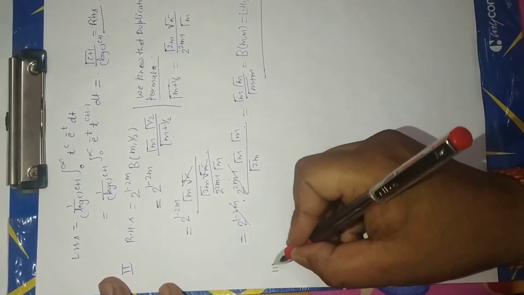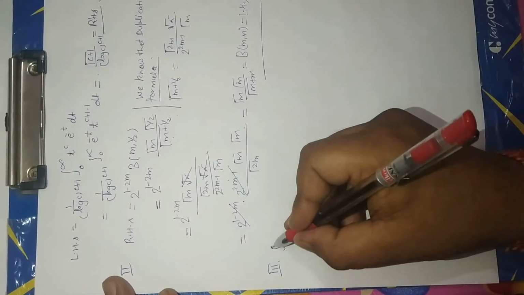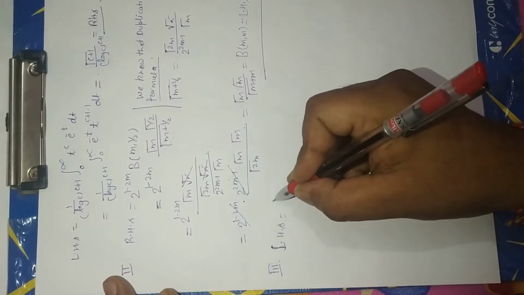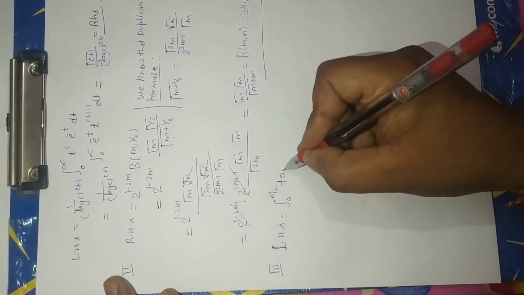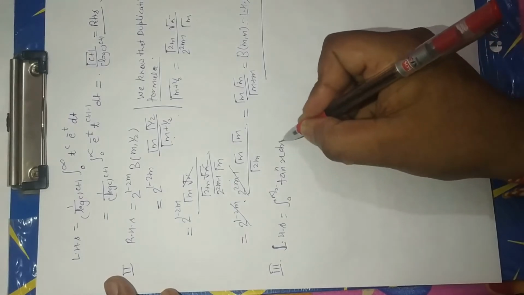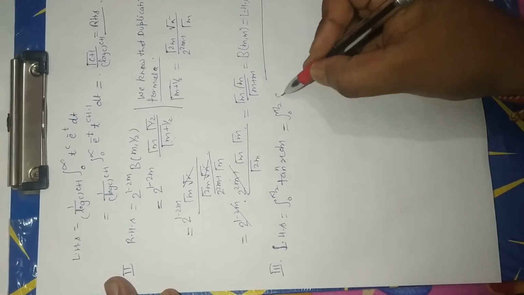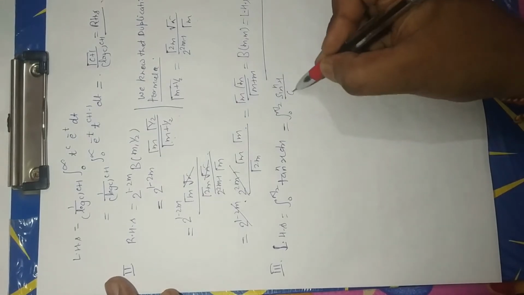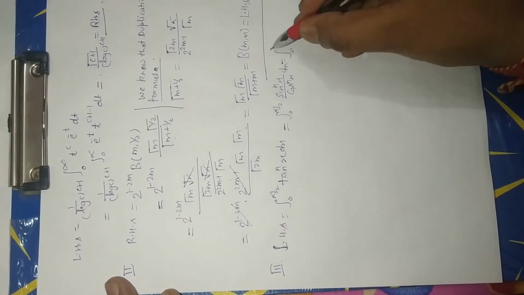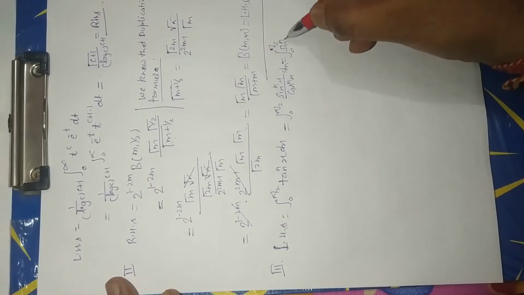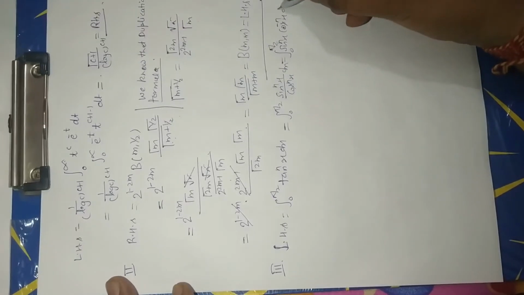Now third part, integral left hand side. This is equal to integral limit 0 to pi by 2, tan to the power n x dx. This is equal to integral 0 to pi by 2, sin to the power n x, cos to the power minus n x dx.